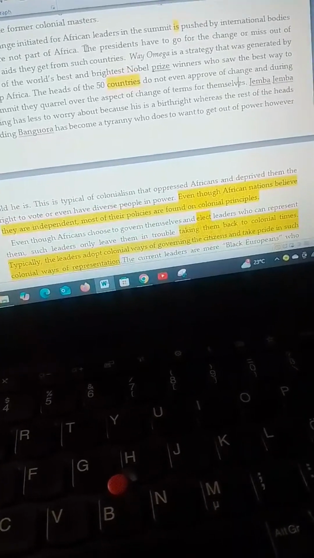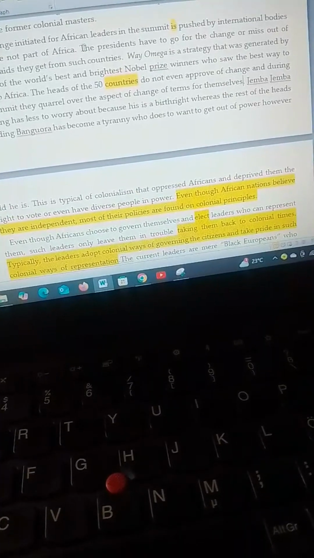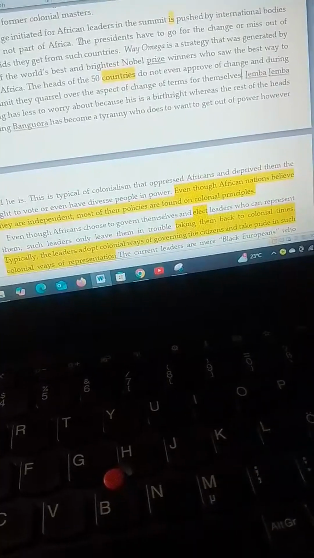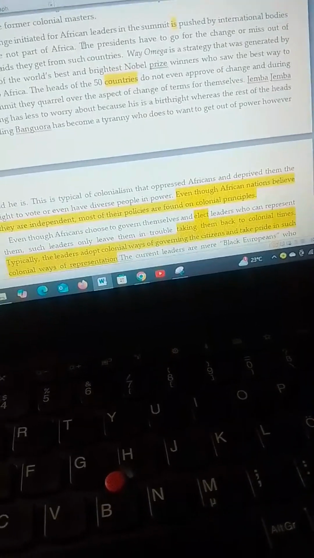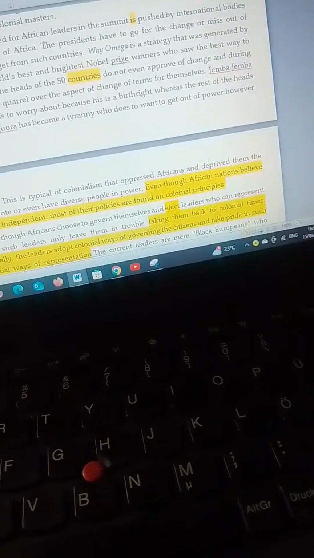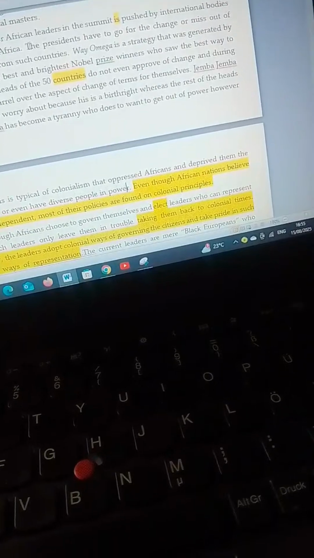Jemba Jemba as a king has less worry about it because he knows his leadership is a birthright, whereas the rest of the heads, including Bangora, have become tyrants who do not even want to get out of power, however old they are. This is a typical colonialism that oppressed Africans and deprived them of the right to vote, even to have diverse people in power.